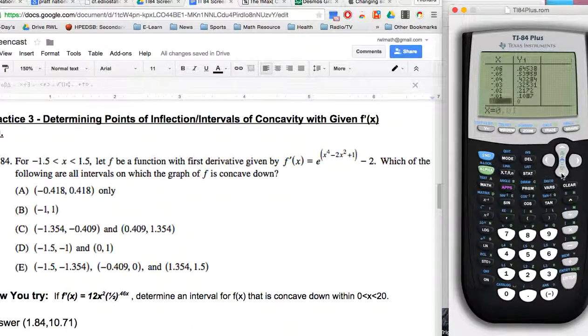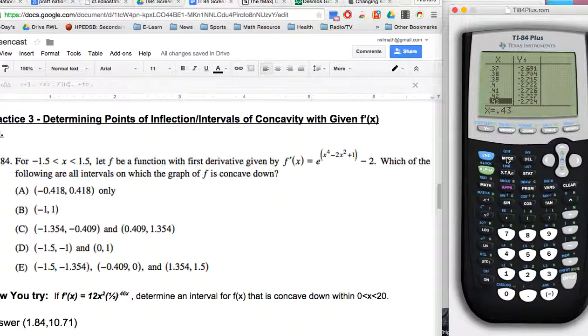And if that is true, it should switch. And in fact, it does. Look at that. Then we go to concave down again. So between negative 1.5 and negative 1, the second derivative is negative, so that's concave down. And then between 0 and 1, I'm guessing it will work, because automatically none of these others work. So now I can go to the end and see, but I think I can be fairly certain that's the only answer that works.